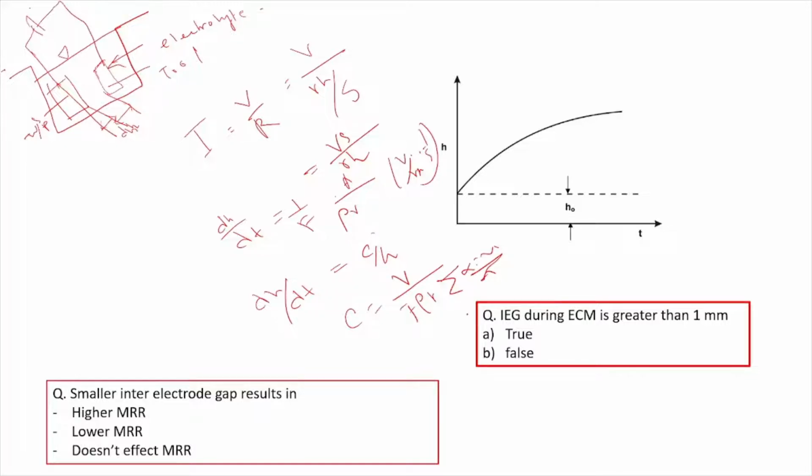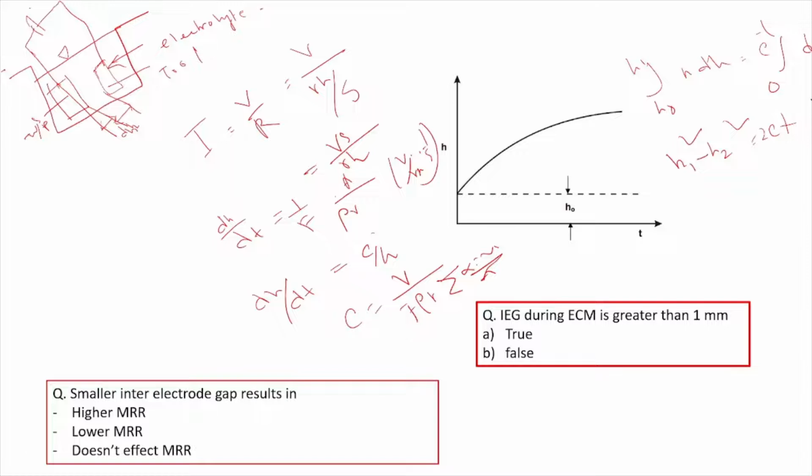So if we put some initial condition, from the graph itself, at t equals 0, h equals h0, and at t equals t1, h equals h1, we can write it as integration h0 to h1 of h dh equals C times integration 0 to t of dt. Okay. So if we integrate this, then we can get h1 square minus h0 square equals 2Ct.